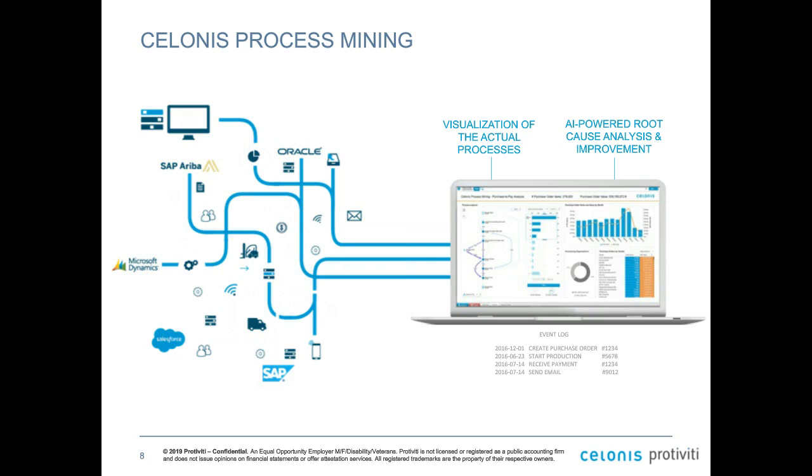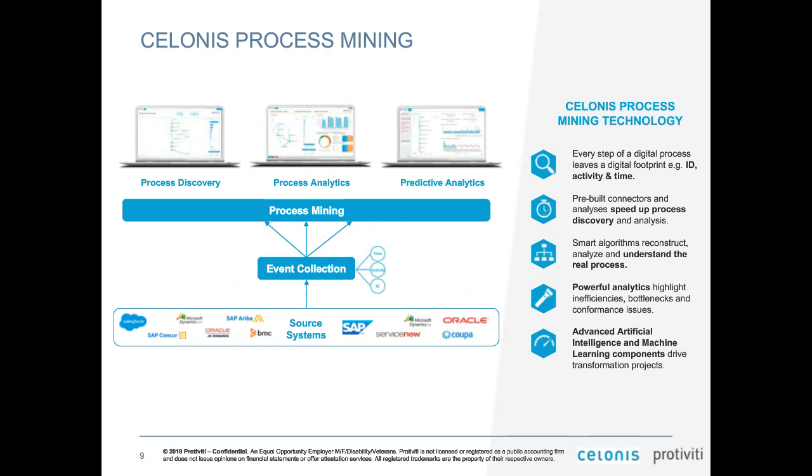And this works across all source systems, SAP, Oracle, Dynamics, and also third-party providers like homegrown systems and so on. Based on this technology, Celonis Process Mining offers a solution that makes it very easy to connect to different systems like SAP, Oracle, Dynamics, and we call this making an event collection.